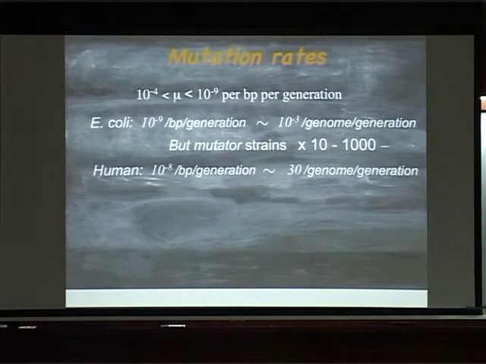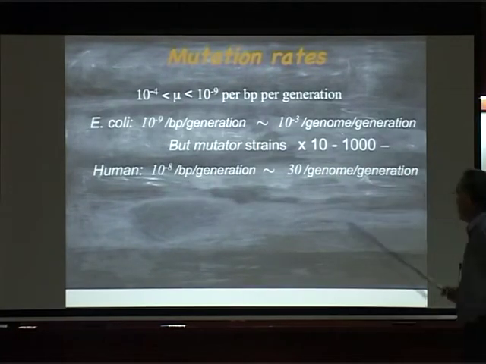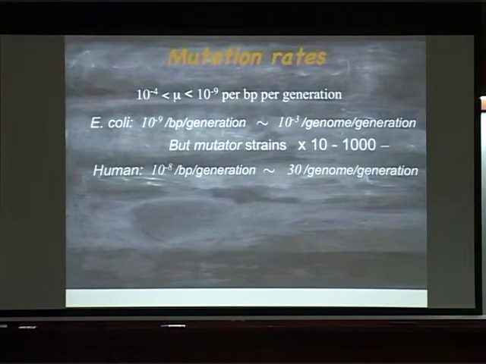The human mutation rate is 10 to the minus 8 per base pair per generation, but the genome is 3 gigabases, so that works out to 30 per genome per generation. Well, actually, that number includes mutations that occur in the process of gametogenesis, right?